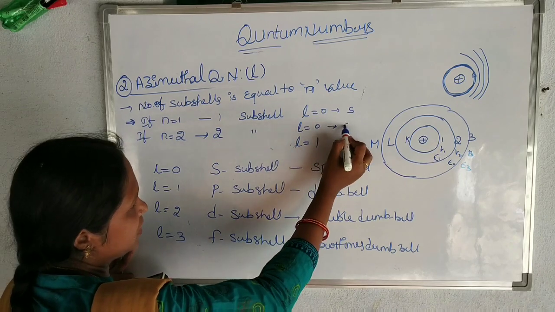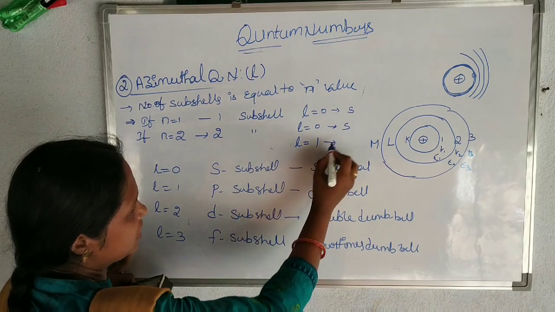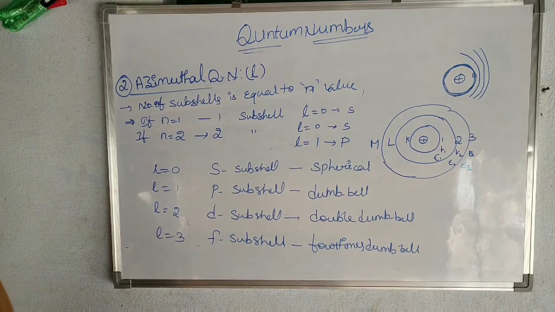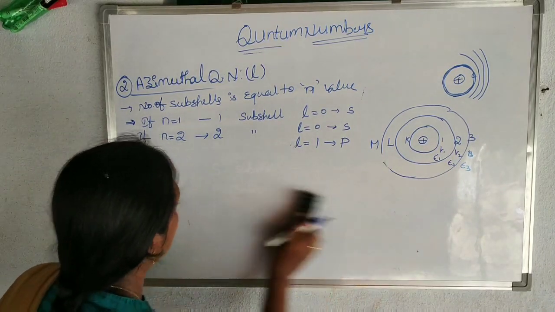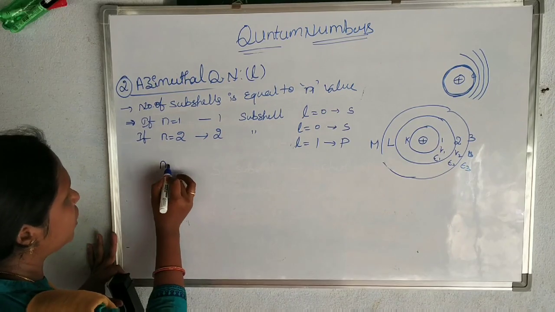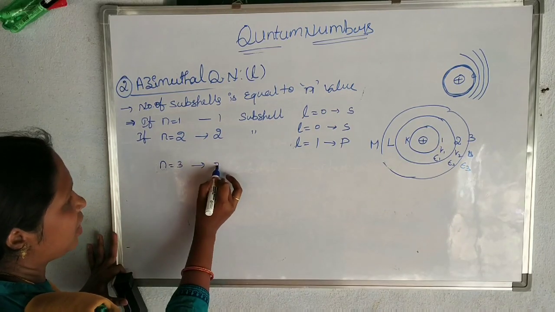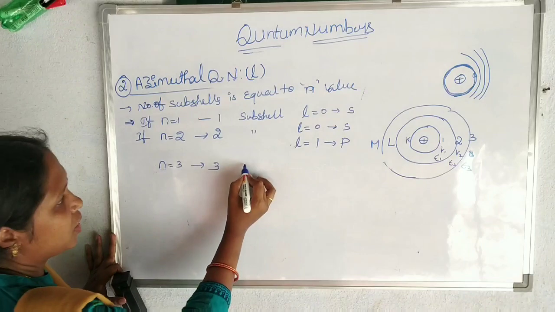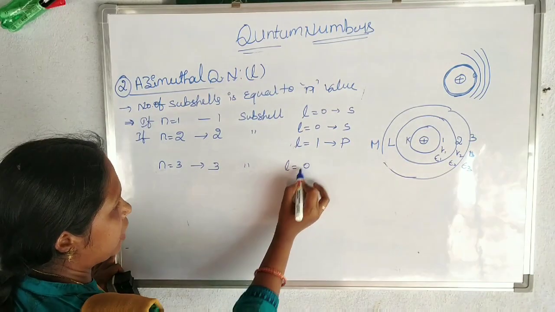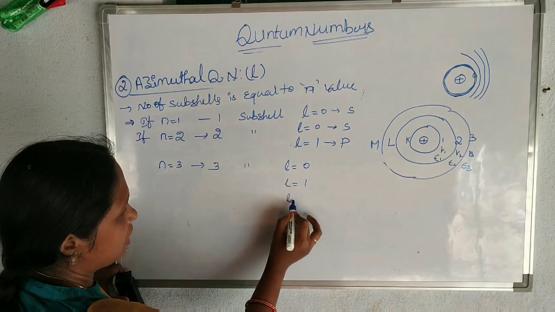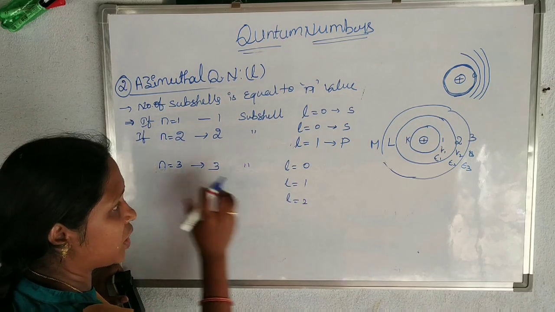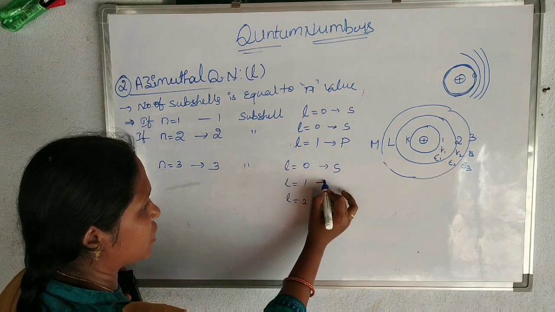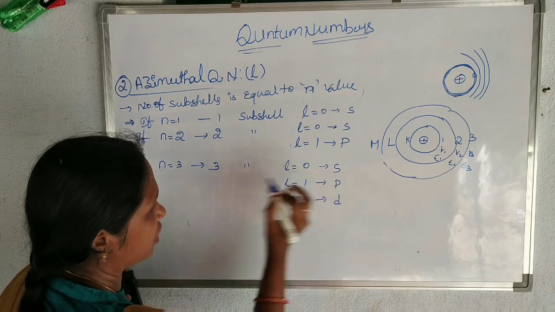L equal to 0 means S, L equal to 1 means P. If n equal to 3, it has 3 subshells with L values 0, 1 and 2. That means the third main energy level has S subshell, P subshell and D subshell.